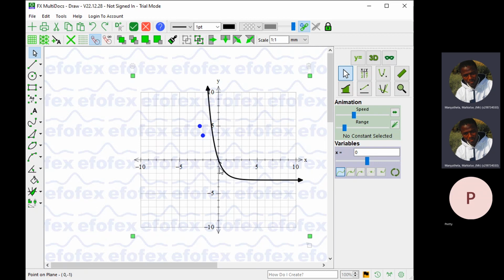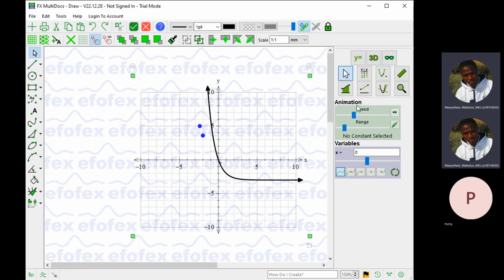But remember that on this line, if it's -1, -2, -3, here you're supposed to have a horizontal dotted line to show that you have an asymptote at y equal to -3.